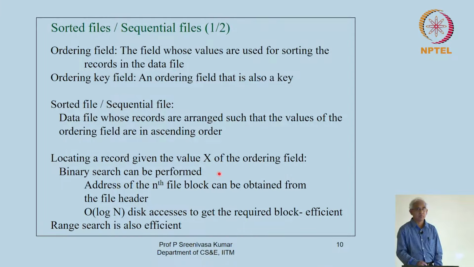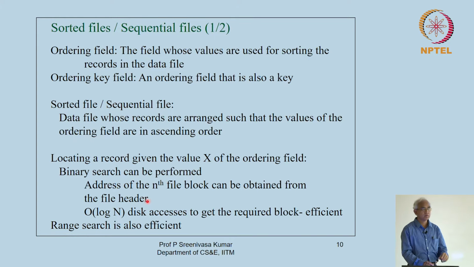But here you are doing binary search on the disk file. So what is the assumption here? The important assumption is that the disk address of the nth block of the file can be obtained from the file header. The file header has all the disk addresses of all the blocks.